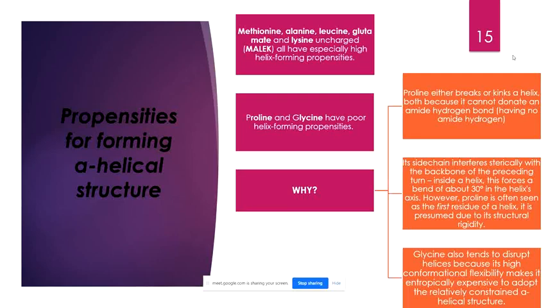It can participate in a hydrogen bond, but it tends to break up the hydrogen bond because it is fluctuating and shuffling a lot. So due to that it often breaks up that part, and that is why proline and glycine are generally found at the end or at the start of the alpha helix, at the two extreme edges of the alpha helix.